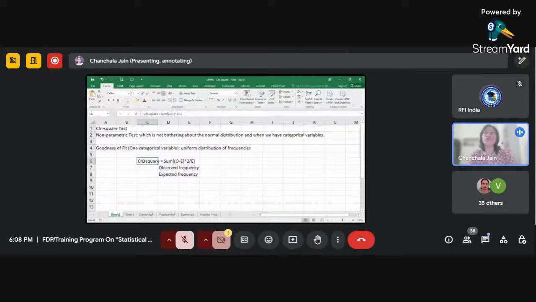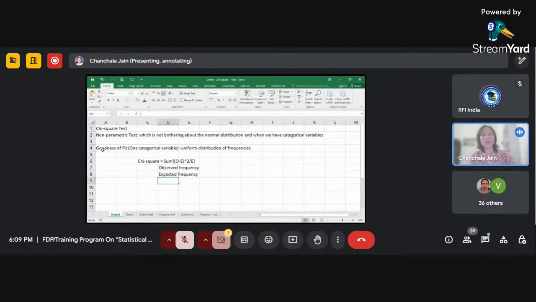For example, I want to count how many students are interested to study a particular subject online. I can divide students on the basis of their gender, how many females say yes, how many males say yes, and that way we get the count. This can be one example, right?